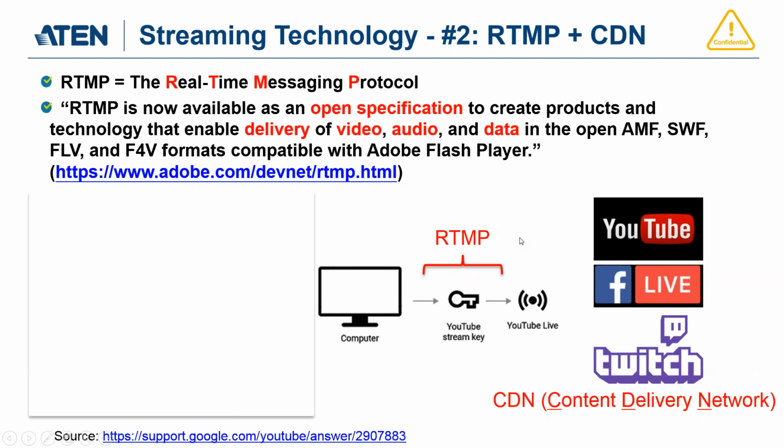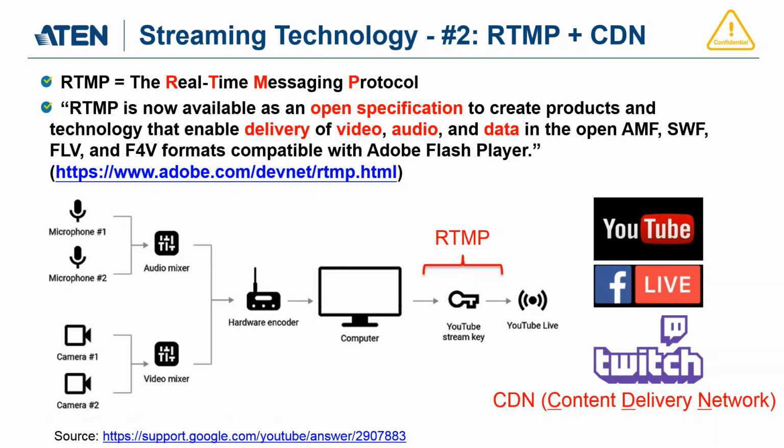So now we know the reason why RTMP is different from WebRTC is because the CDN service providers are using RTMP as the protocol to communicate the video, the voice, and the data. If we take a further look at the connection diagram, this is something we Pro-AV people are pretty familiar with.